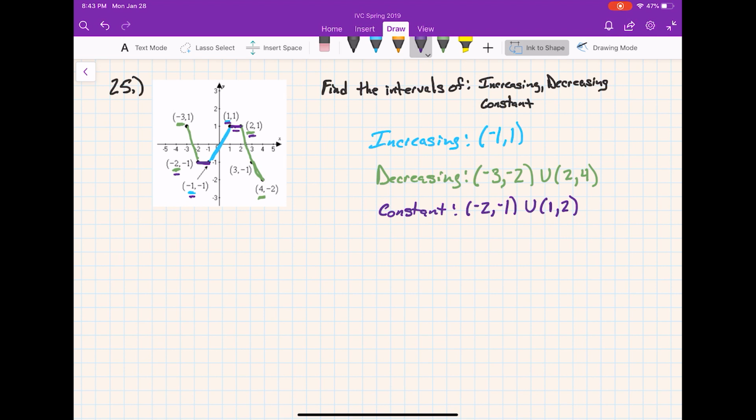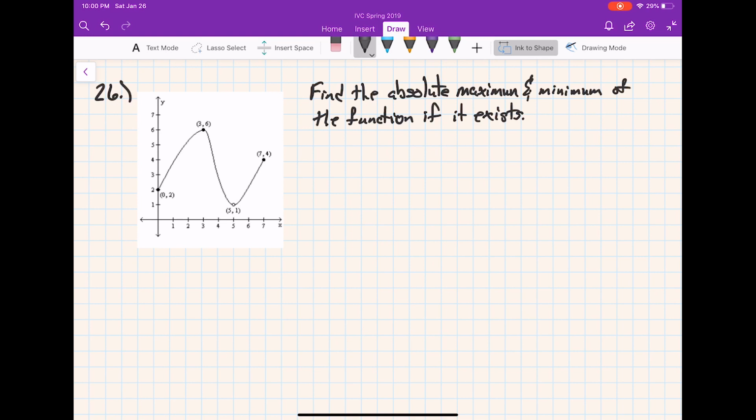So move on to number 26. And find the absolute maximum and minimum of the function if it exists. Well, if we look at this guy, we have the maximum is here.